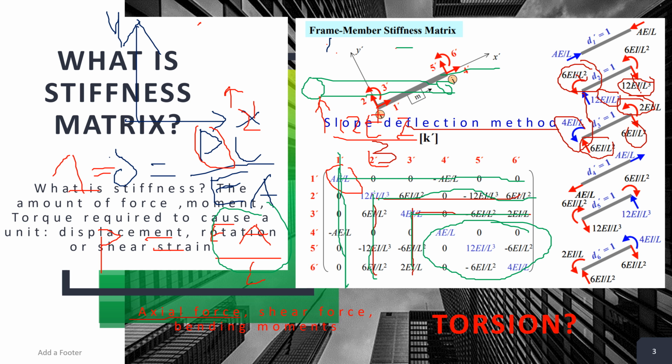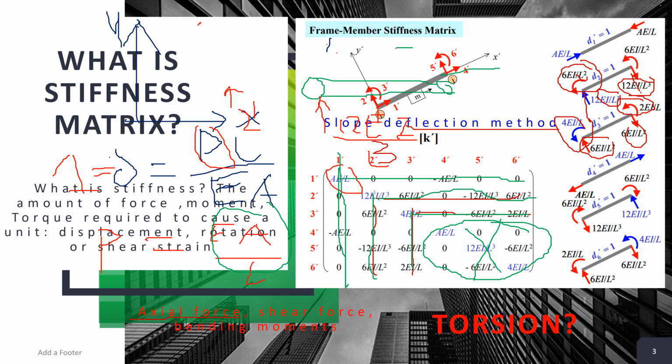So how about torsion? In most structures, torsion is assumed to be zero, but even if it exists, then there are ways to deal with it. For example, if there was torsion here, then we would include it here.